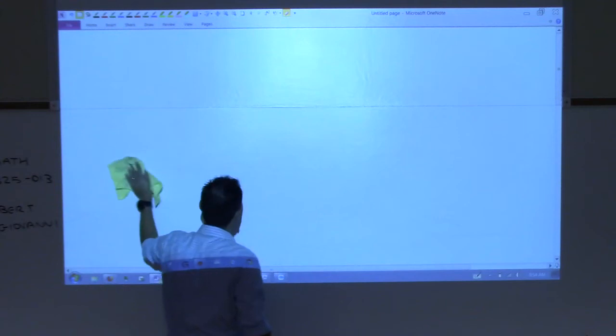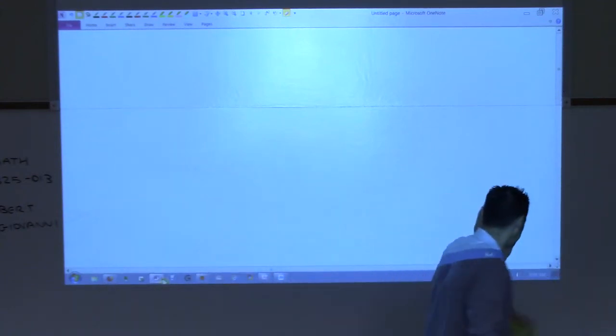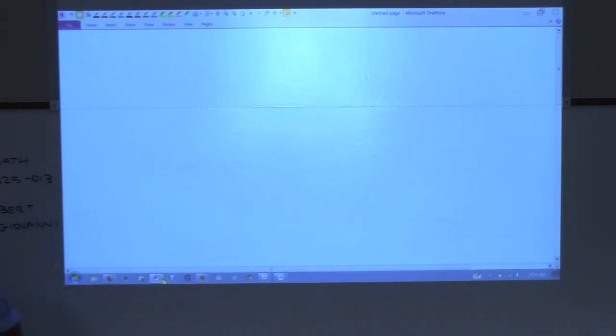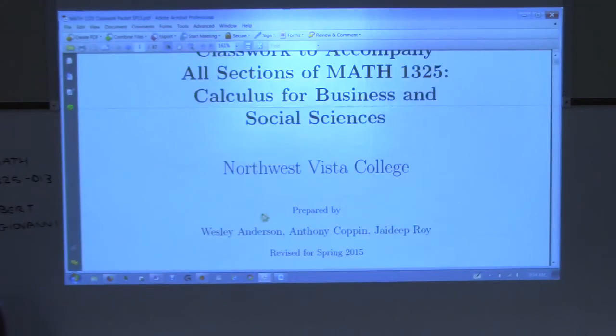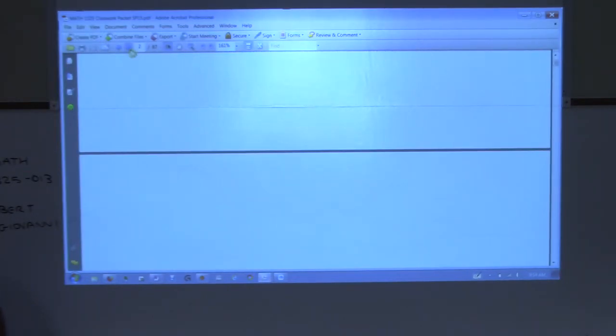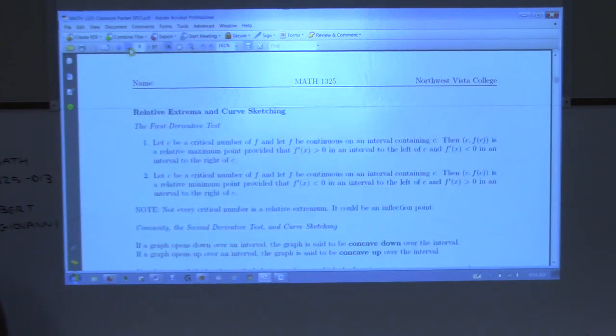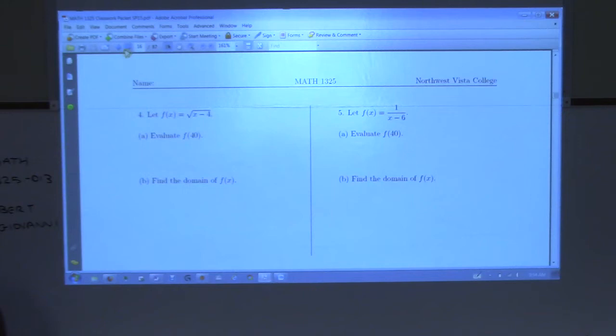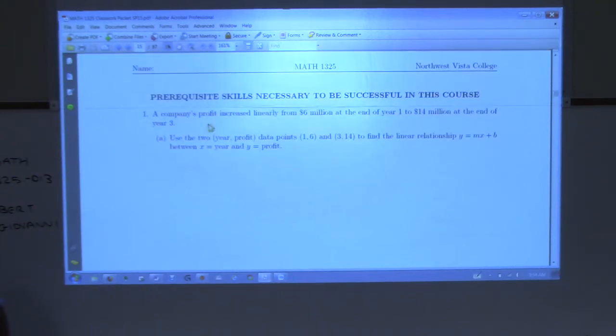Today's review. We're going to do review, and I'm going to be working off of this handout, page 1. Let me see if I can bring that up. Might be a little hard for you to see it up here, but you've got that copy in your hands, so that should be enough, you think?